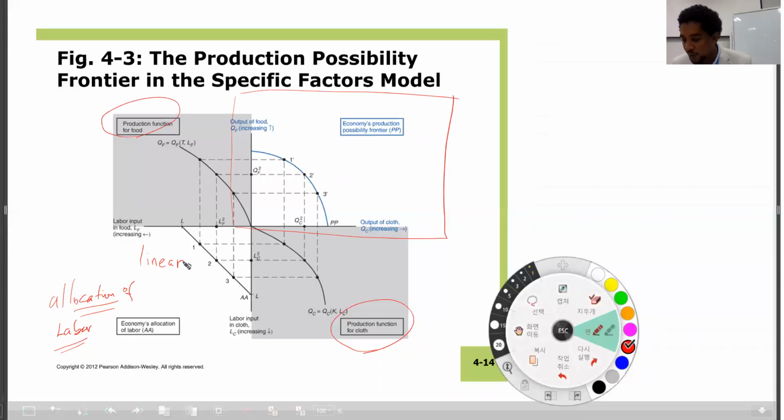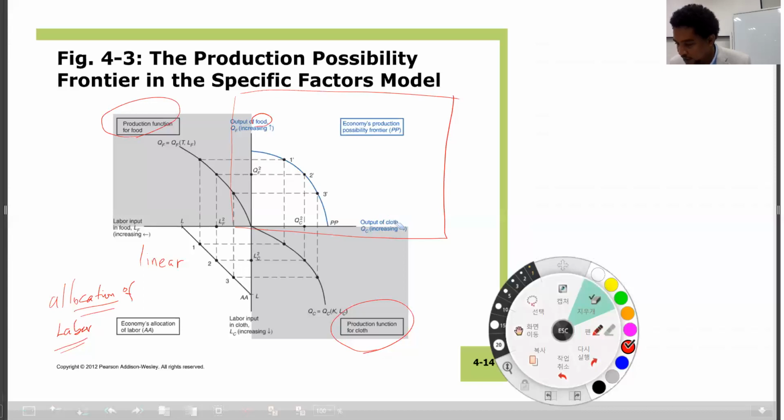From this we will derive the production function for food, the production function for clothes, and we will also derive the economy's production possibility frontier for both food and clothes. So this shows the production possibility for both food production and clothes production.